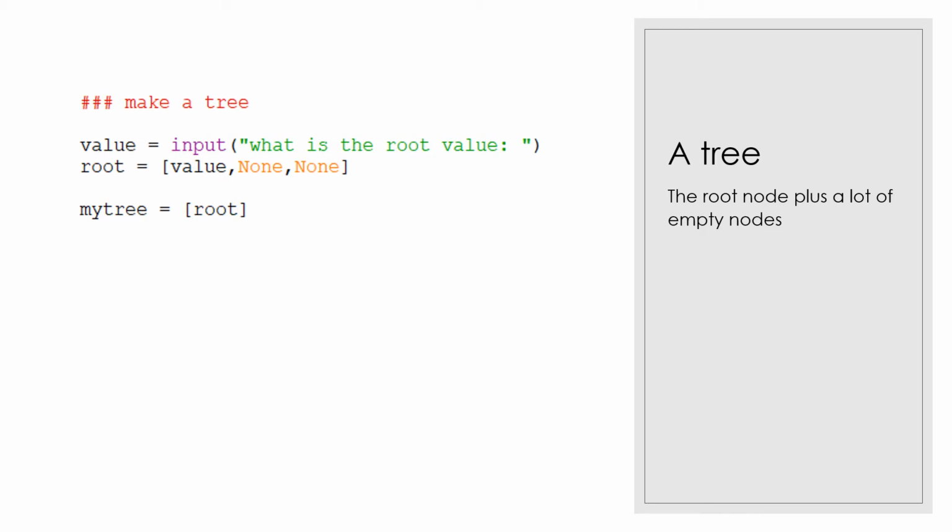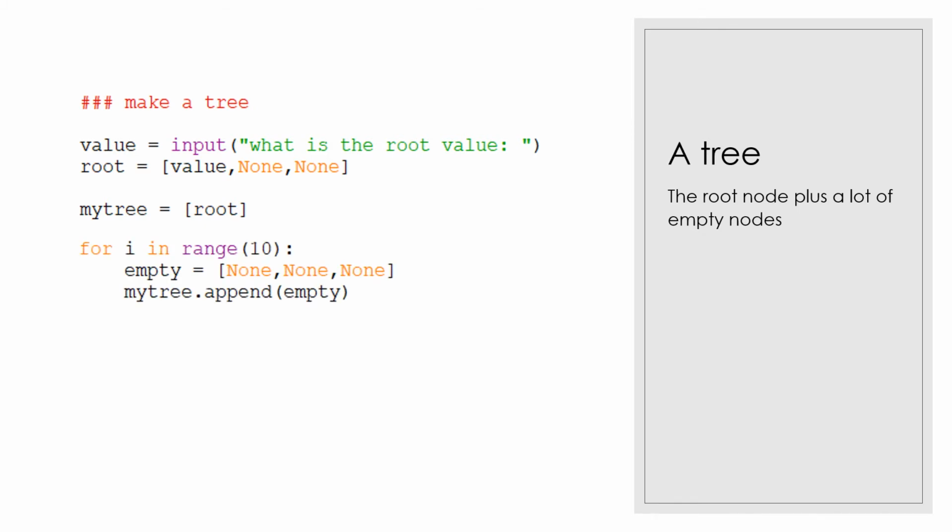So first of all, I've called the tree my tree, and the first my tree is a list, and at the moment the list has got 1 item in it, which is root. Remember, root is itself a list, so I've got a list with another list inside it. Now I'm going to extend that list by adding empty nodes to it like this.